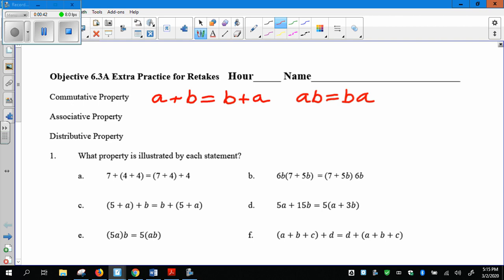The associative property is where you can change the grouping of the numbers and it won't change the value. That also works with multiplication.